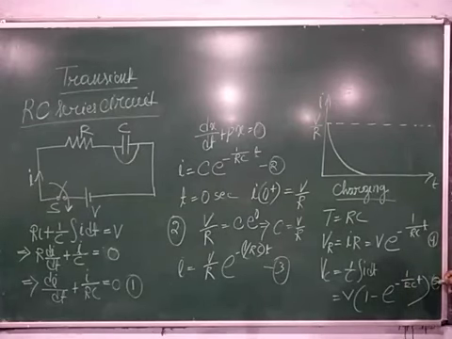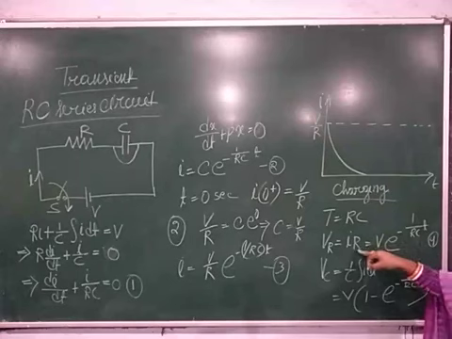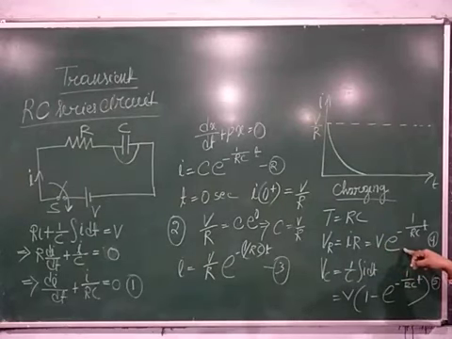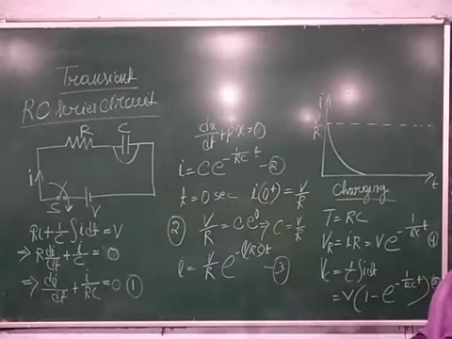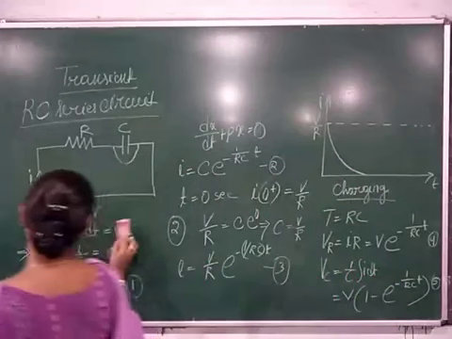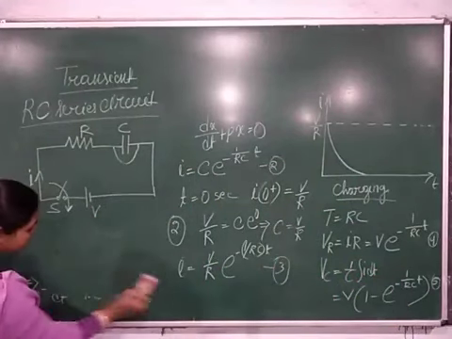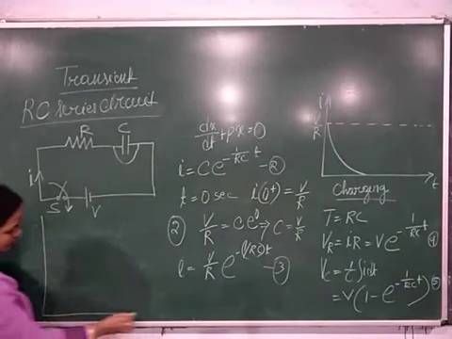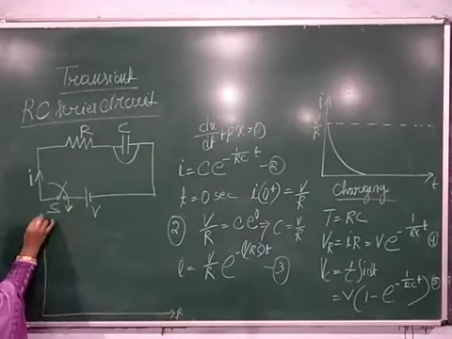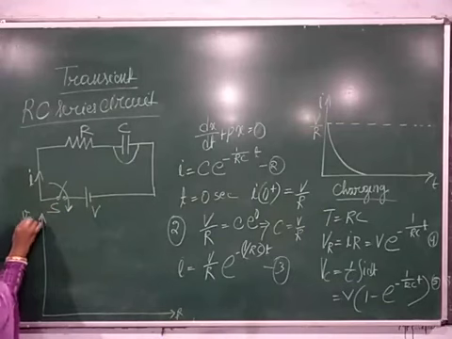Equations 4 and 5 say that the voltage across the resistor is decaying in nature, and the voltage across the capacitor is exponentially rising. If I draw its response curve, then during the charging case, this is time, this is the voltage across the resistor and voltage across the capacitor.